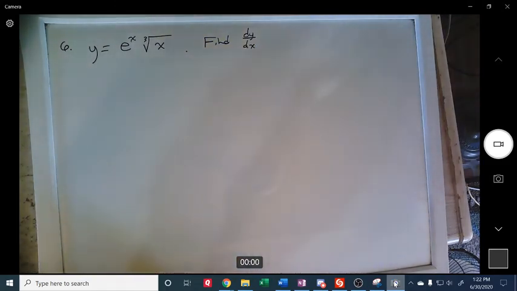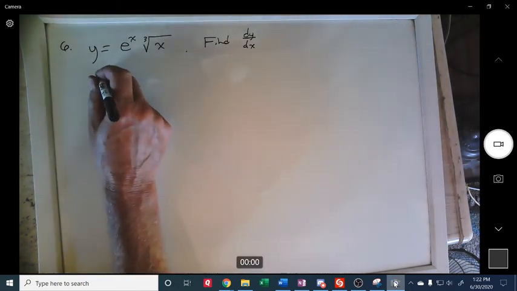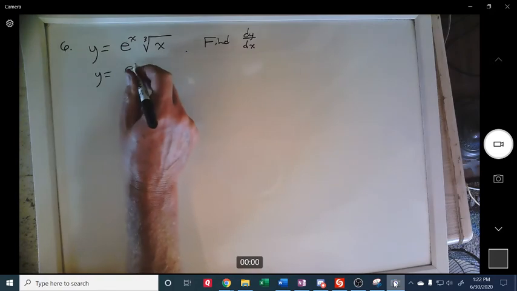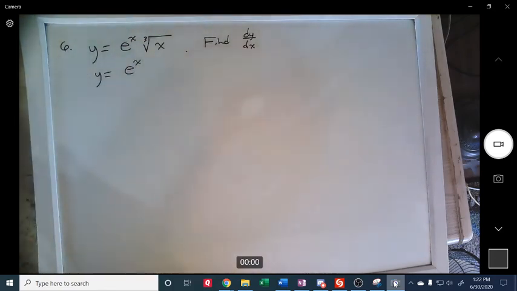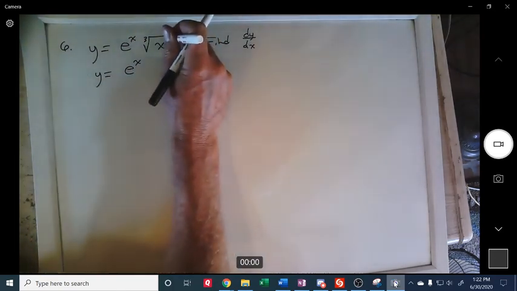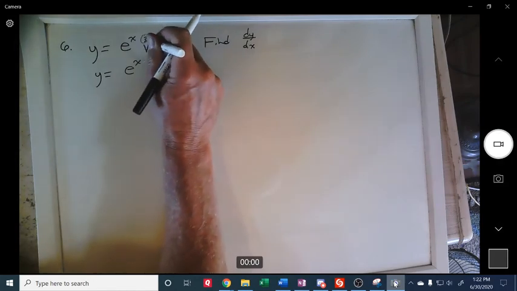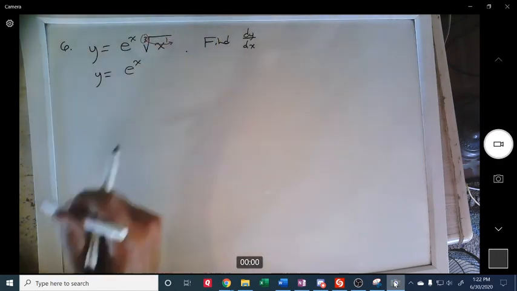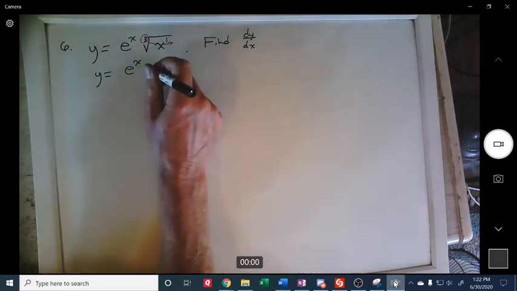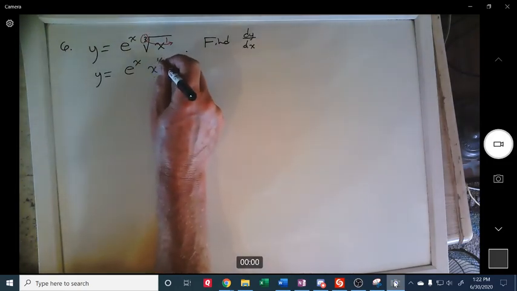Alright. So before I did this, I would rewrite this problem. There's an unwritten 1 here. This number comes underneath here. So this is the same as x to the 1/3.